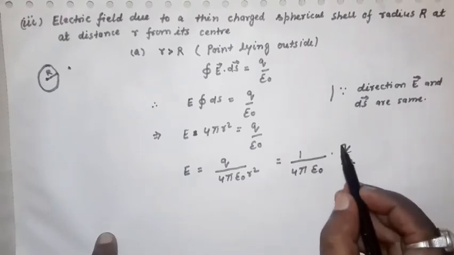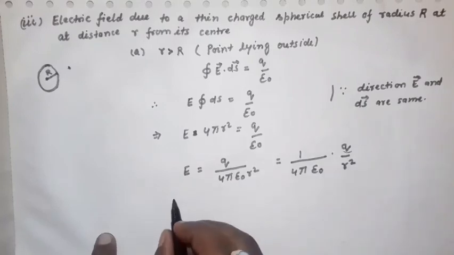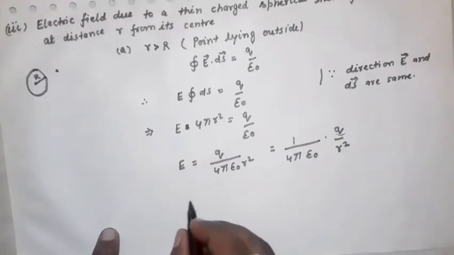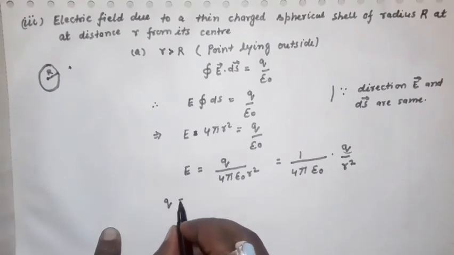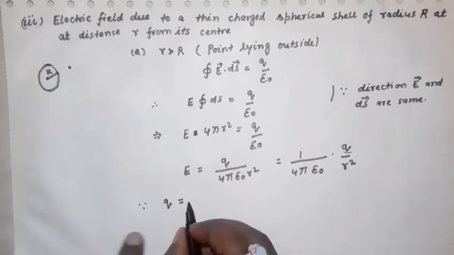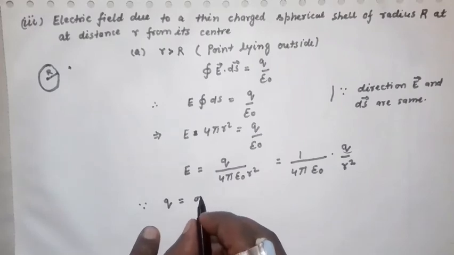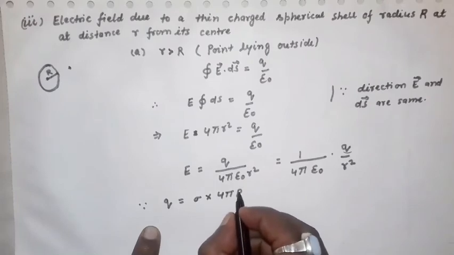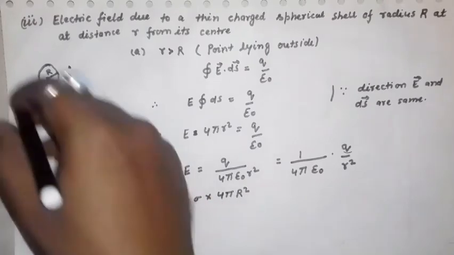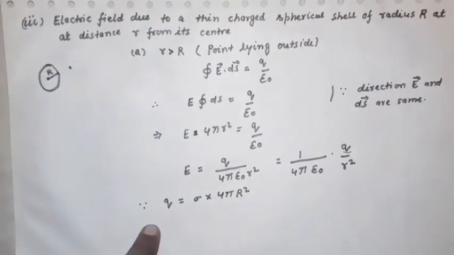And now we will calculate the total charge through the surface. This will be equal to q, and since q equal to surface charge density into 4 pi R square, the total surface area of this spherical shell.